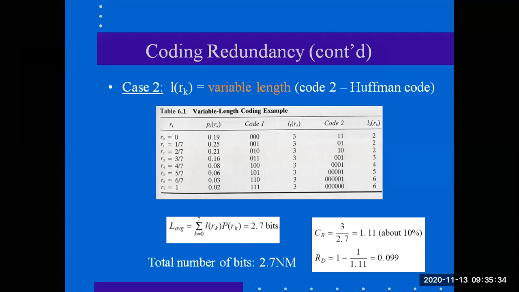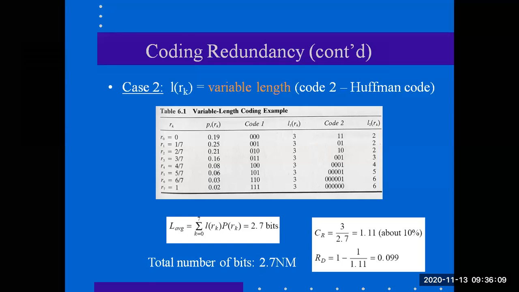Just for example, we consider here 11, 01, 10, 001, 0001, 00001, 000001, 000000, all zeros at the end. And L2 of Rk, that is the second code, the bit length of the second code is given by 2, 2, 2, 3, 4, 5, 6, 6.